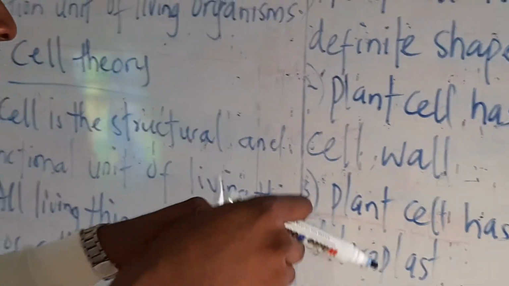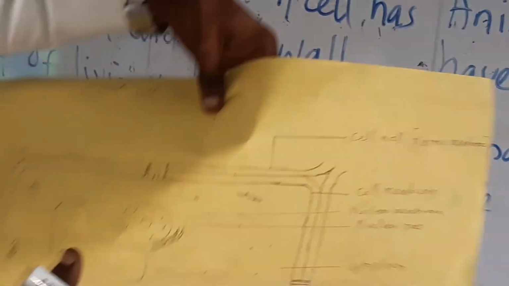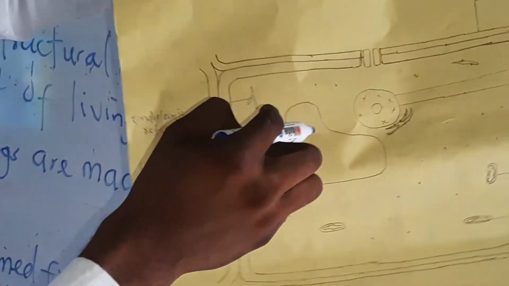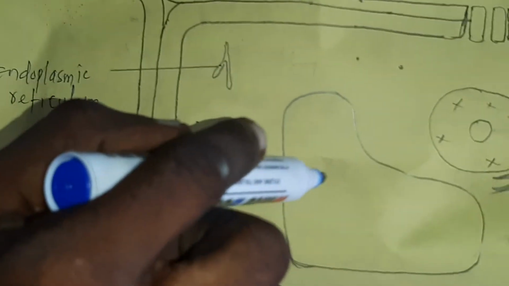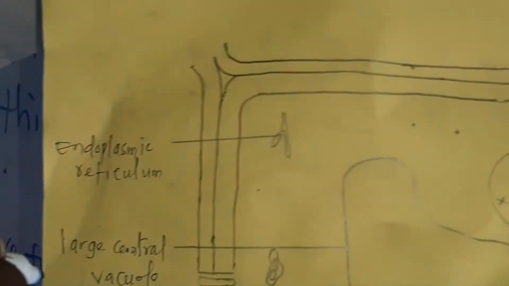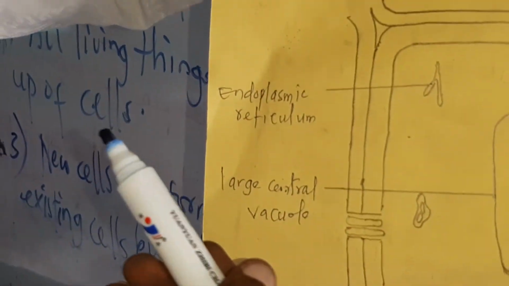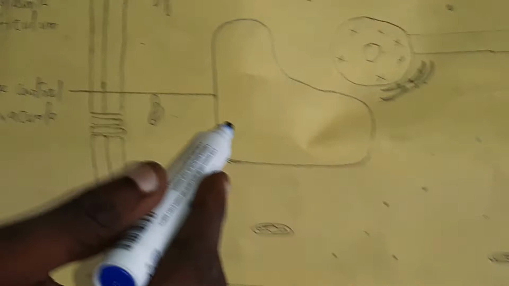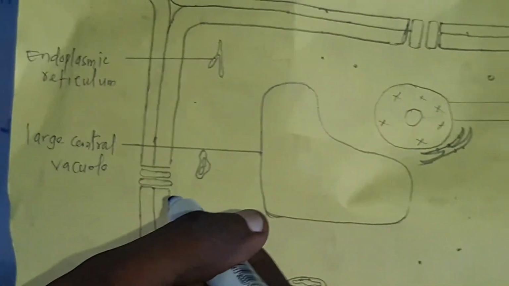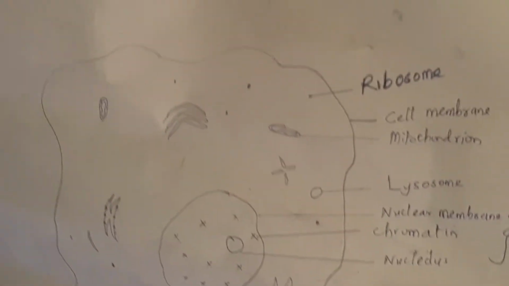Another difference is, if you observe, we have a large vacuole here. This large organelle we call the central vacuole. You see, it's here, it's large. But in animal cell, we don't have it there. Even if it's there, it will be tiny.